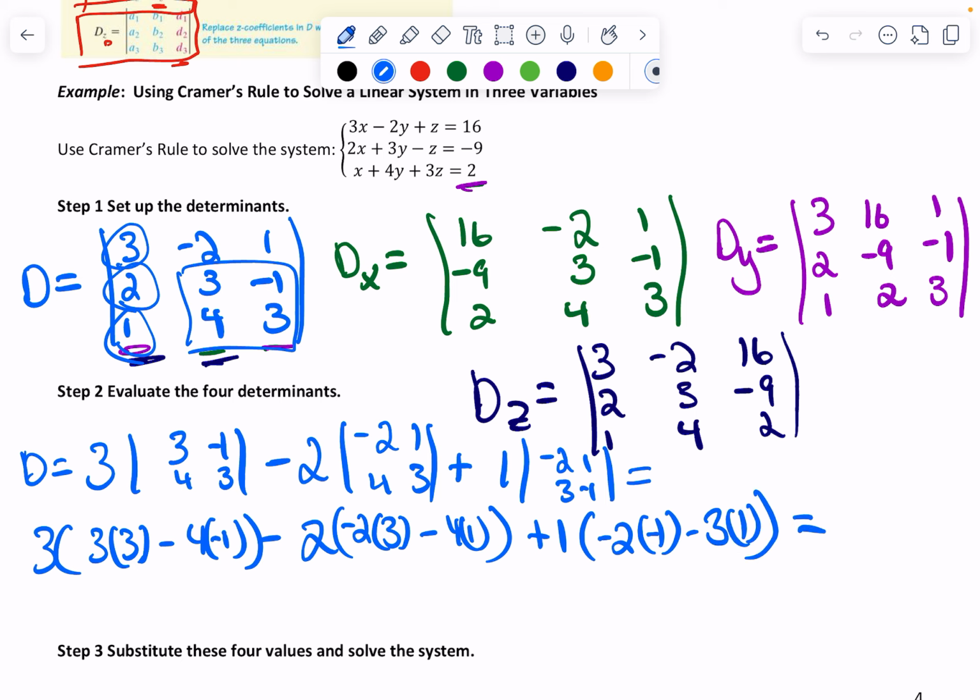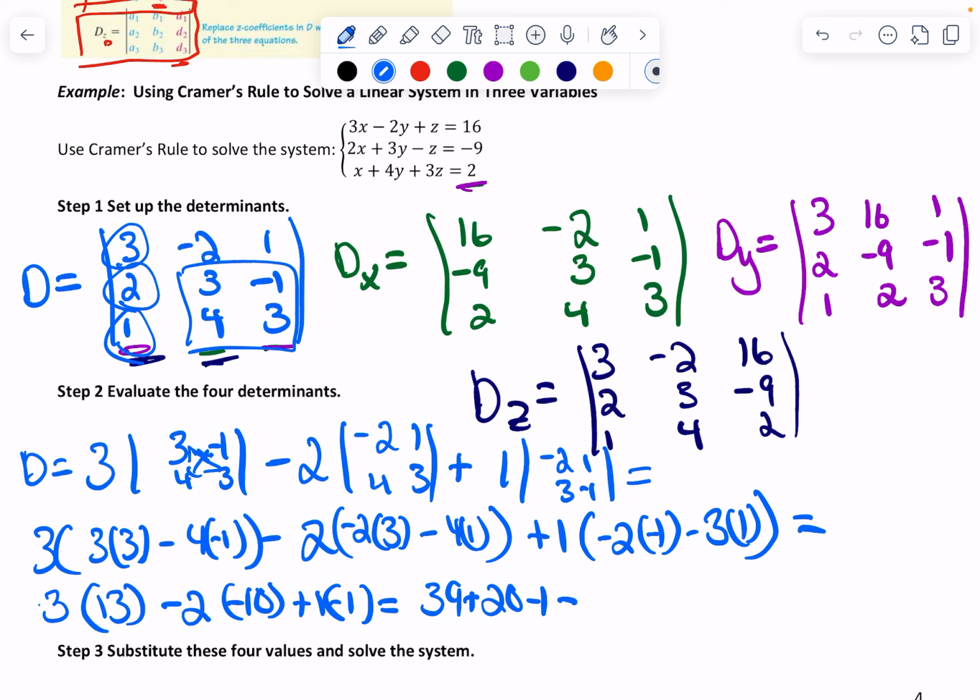Just the same way we did with all the others, it's almost like cross multiplying. Okay, so we get 3 times 13 minus 2 times negative 10 plus 1 times negative 1. So 39 plus 20 minus 1 equals 58. So that is our D.